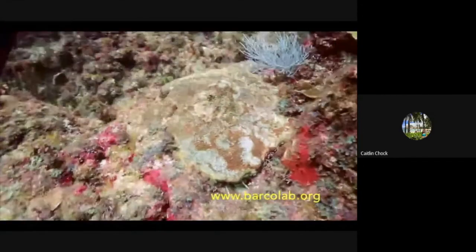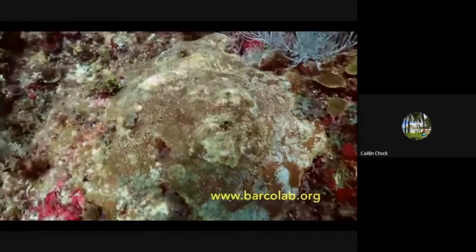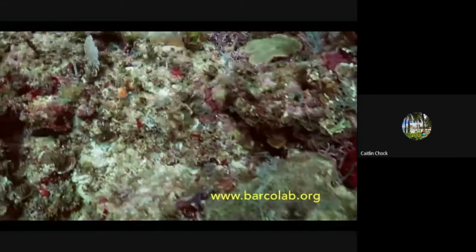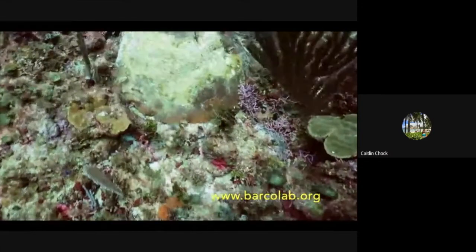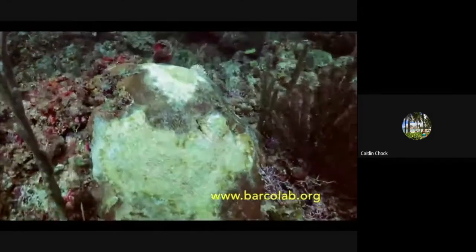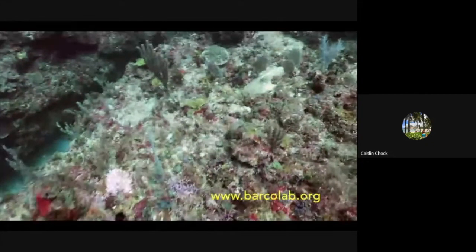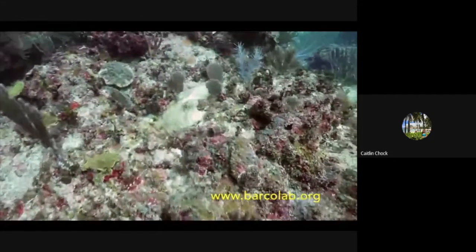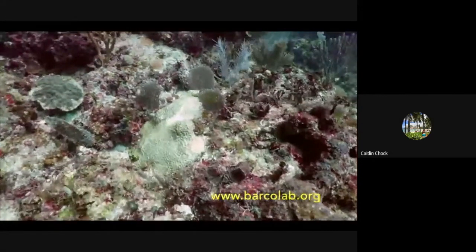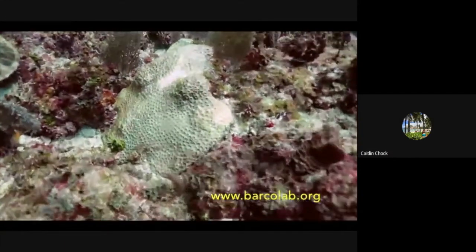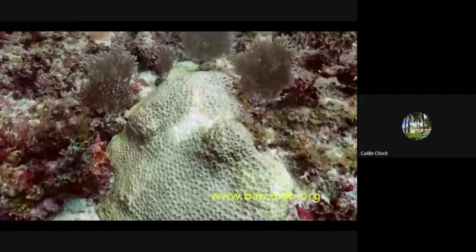So as you can see, a lot of dead corals. Most of the colonies are mostly dead. You can tell that it's a dead coral because it's white and you can see the skeleton.